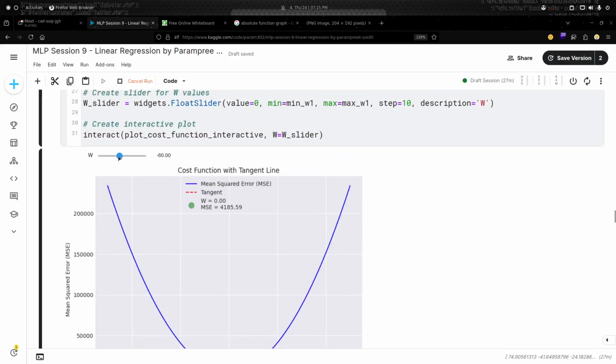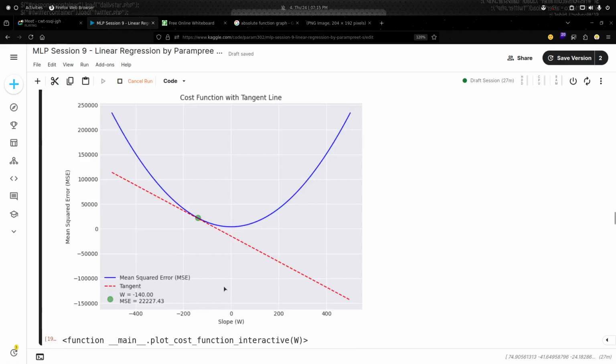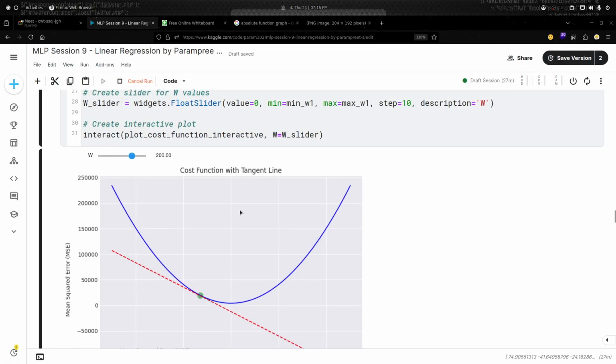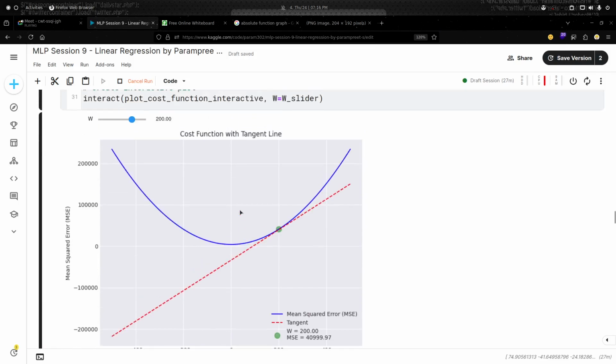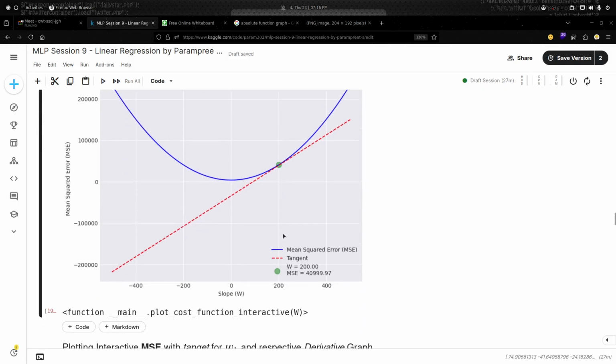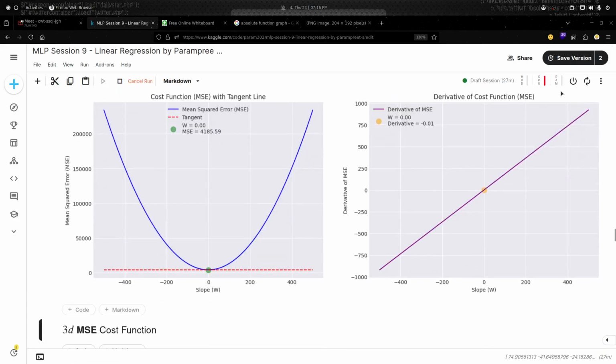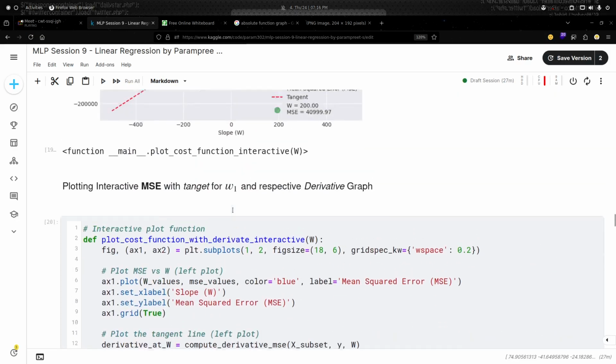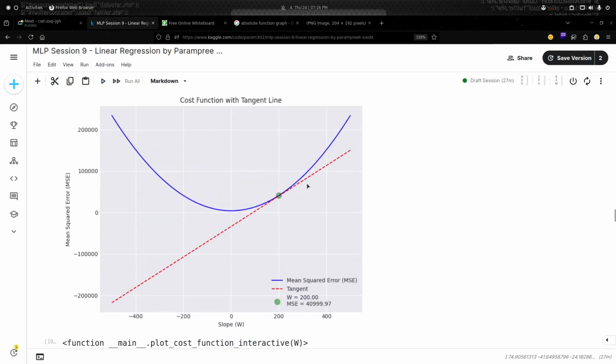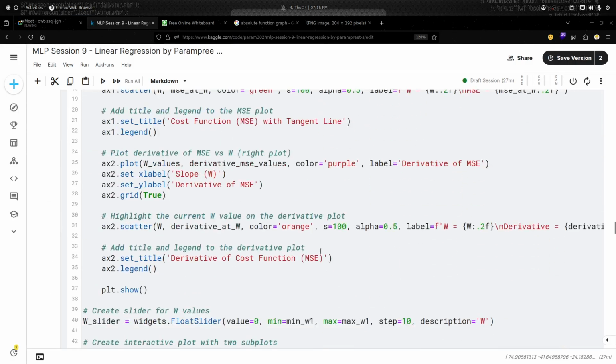If I decrease w, you can see the slope is something like this, and if I increase the value of w, it changes. This is on the cost function, which is mean squared error. This slope we call a tangent: the red line is the tangent to this graph at a certain value.